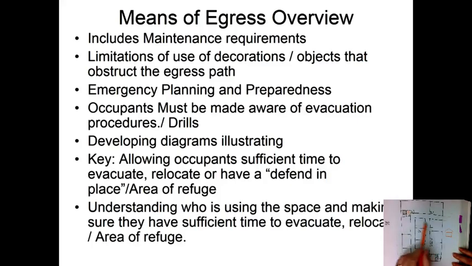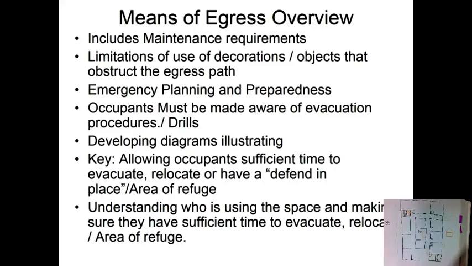If this was a hotel, you notice on the back of the door, each of the rooms would tell you where your nearest exit is. You're developing all types of diagrams and illustrations. The key is allowing occupants sufficient time to evacuate and relocate. That's what we're trying to do. It's to have a place to defend in place if we have to, or an area of refuge.